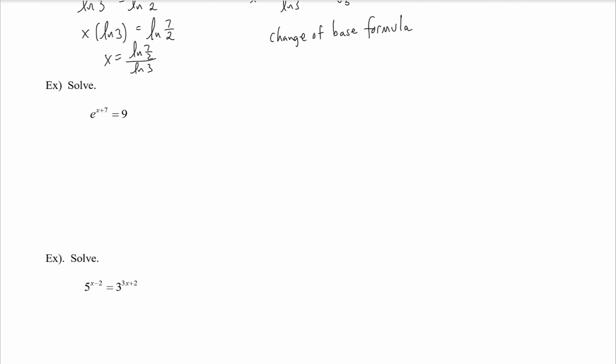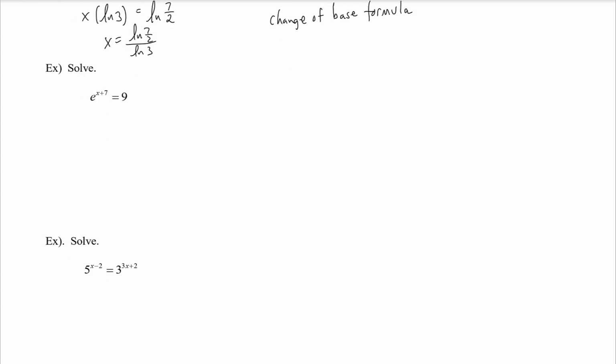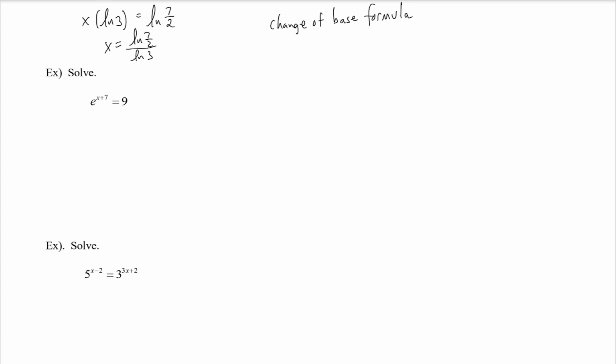Here's that other equation we've solved a couple different ways already. Again, if I wanted to, I could say these two numbers are equal. They're positive. e to this power is positive. 9 is positive. So if these are positive, then their logs are equal, as long as those logs are the same base, and you can pick any base you want. You could pick natural log.